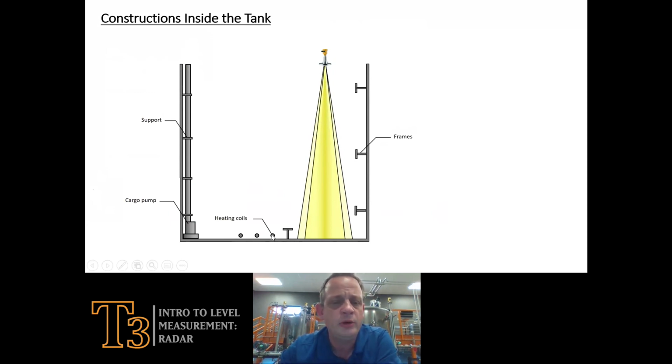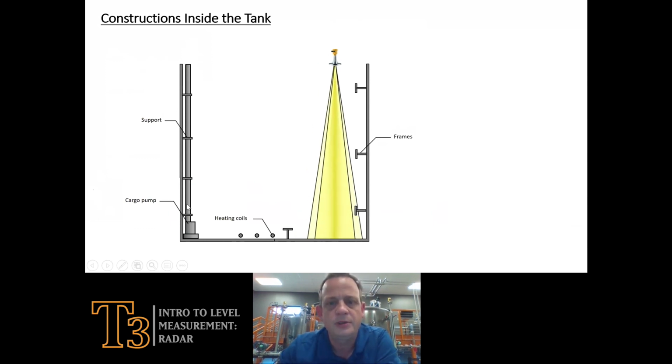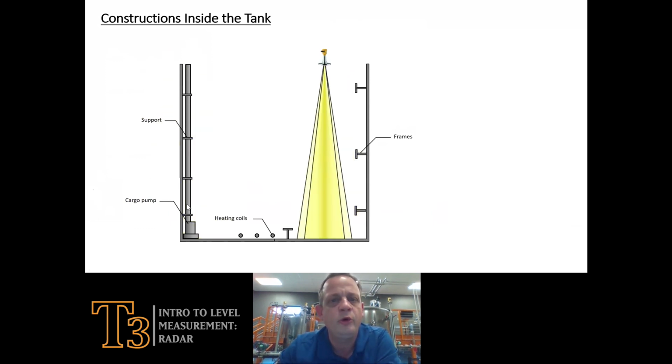We also want to make sure we don't have a lot of stuff in the bottom that's going to be within our measuring range. Let's say I do have heating coils, as you see in this example. That could be the lowest point that I could measure. If the zero I want to put in my measurement range is above these, then it really doesn't matter that this is down here. So we're just showing you different points where we can do our measurement. We want to keep it right here in the center the best we can.